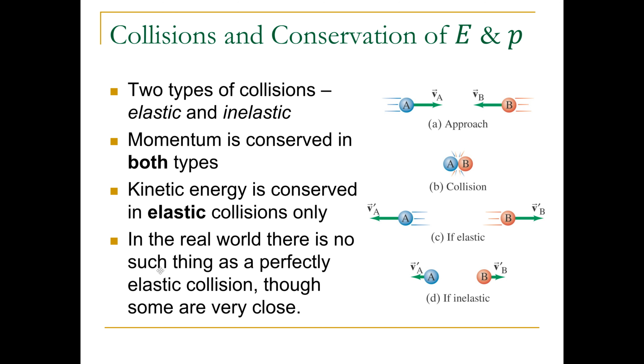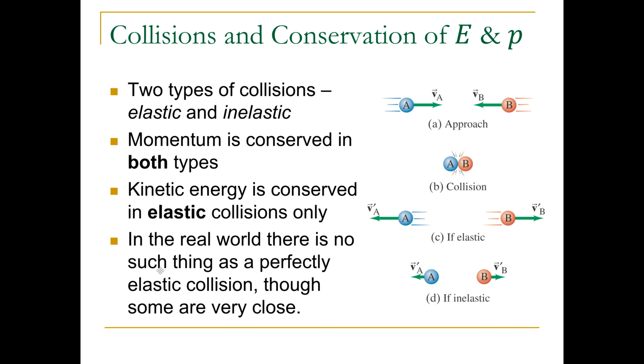Trying to use conservation of kinetic energy is not super helpful, though, because the equation has the 1/2 in the square, so it's harder to use than conservation of momentum. So typically we just stick with conservation of momentum for these collisions. We can derive another equation, a simpler one with elastic collisions, and I'll show you that later.